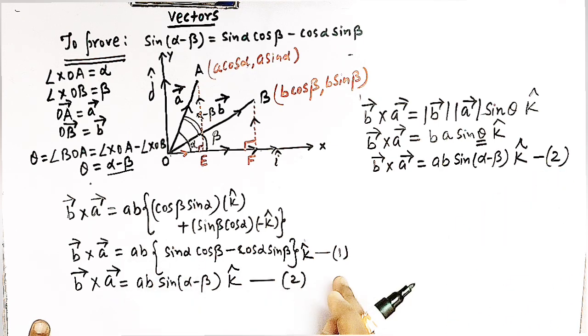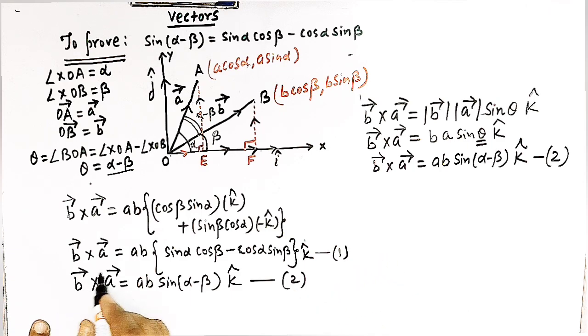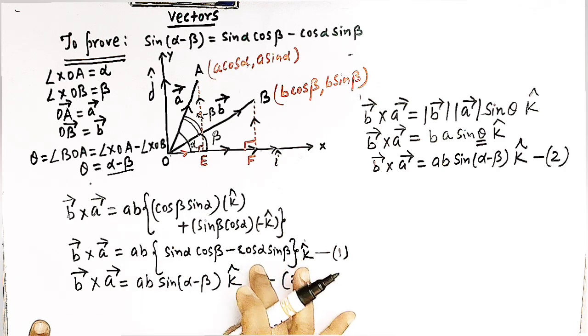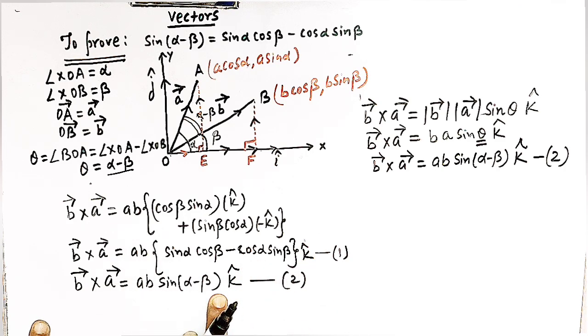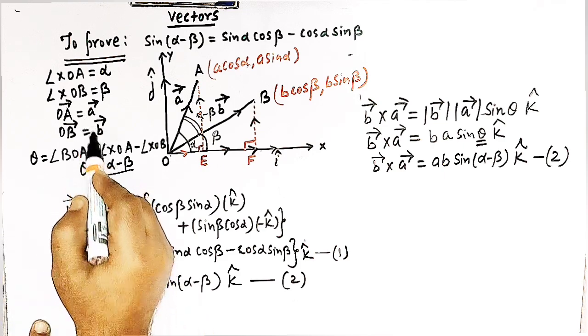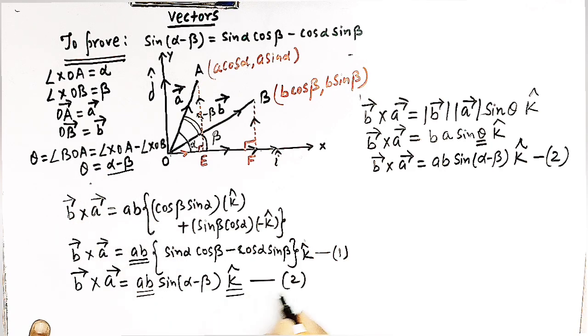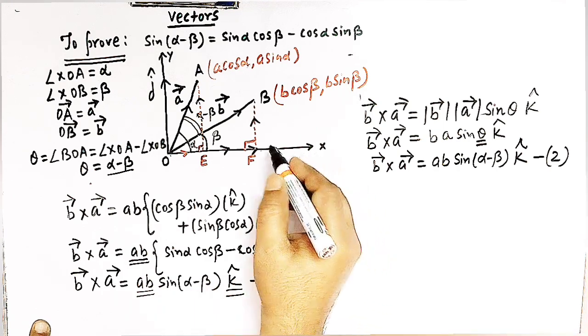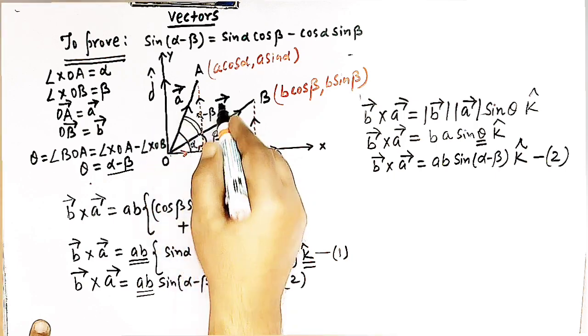Now if we look at these two equations, the left hand sides are the same, and we compare the right hand sides of both. Here we have ab, here we have ab, that is the product of the magnitudes of vectors a and b, and here we have the unit vector k cap, which is perpendicular to the plane containing vector a and vector b.